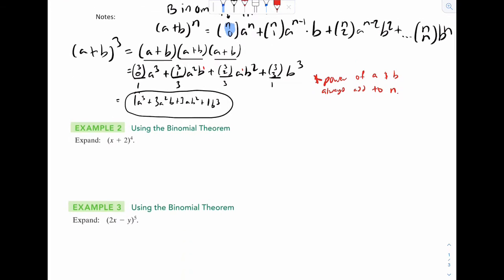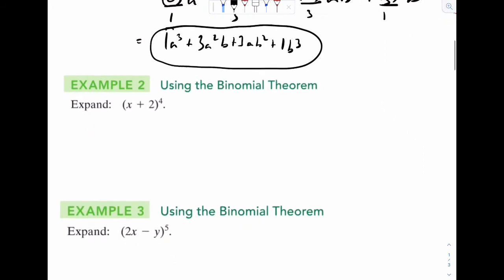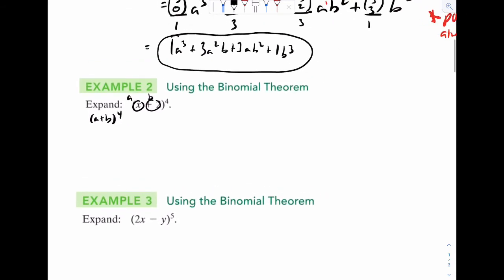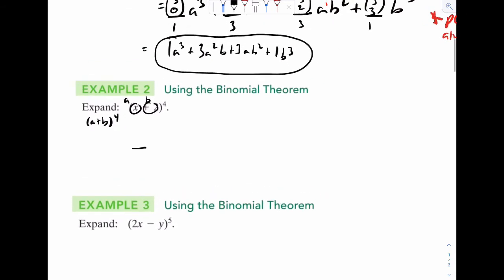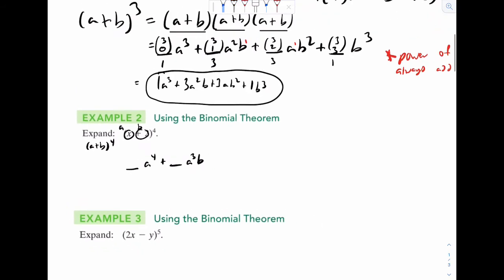So let's actually do it. Let's try this one: (x + 2) to the 4th. So what you want to do, call this thing A, call this thing B, and do it in terms of A and B. Okay, so think of this as (a + b) to the 4th. We do the exact same thing we just did. Blank A to the 4th plus blank A to the 3rd B. And notice how I'm going to do a pattern here, because the powers of A are going down by 1.